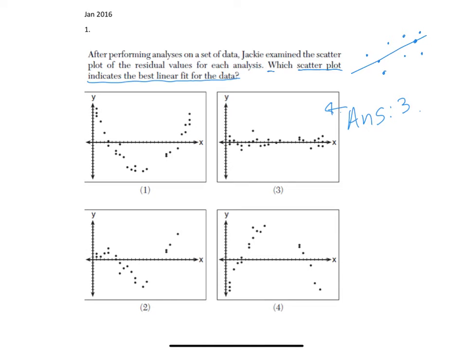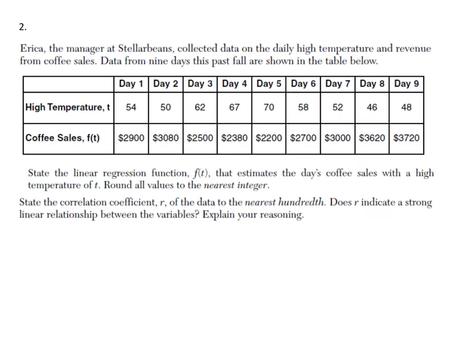So whenever they ask for which scatter plot is the best linear fit, you're trying to look for a line of this sort. All right, so we have this. Erica, the manager at Stella Beans, collected data on the daily high temperature and revenue from coffee sales. Data from 9 days this past fall are shown in the table below. The high temperature and the coffee sales.